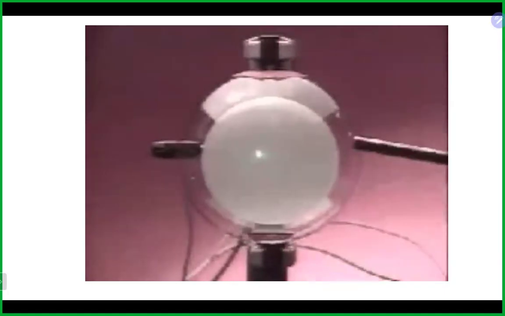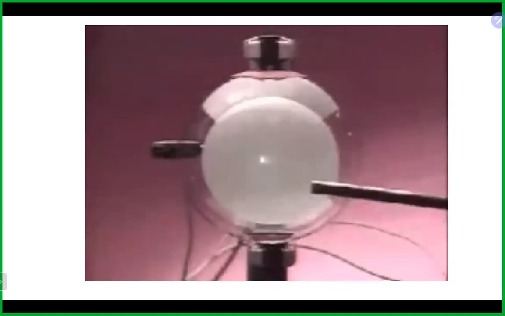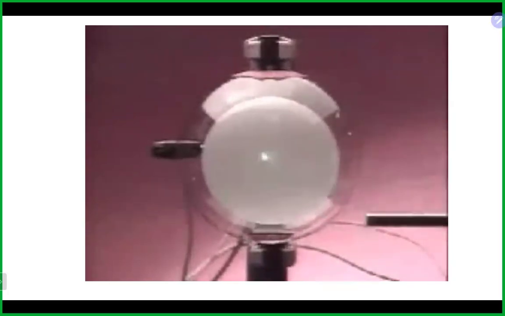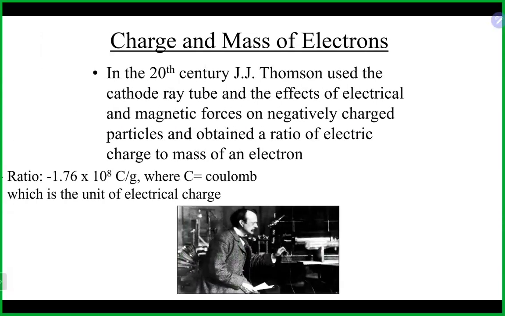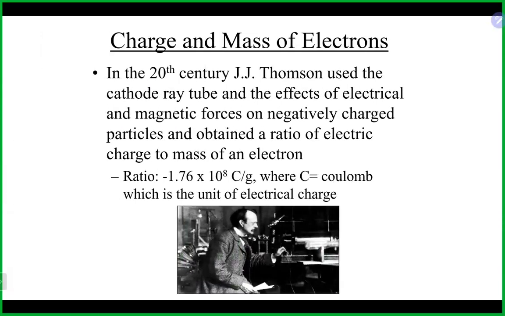Obviously, you could see a charged particle affected by a magnet, and it would also be affected by an electrical field. So one of the earliest descriptions or properties of an electron was done by a guy named Thomson. J.J. Thomson used the cathode ray tube to investigate the electron.